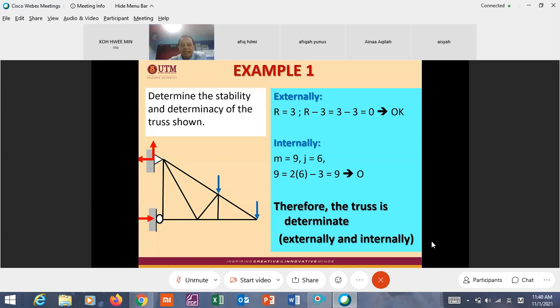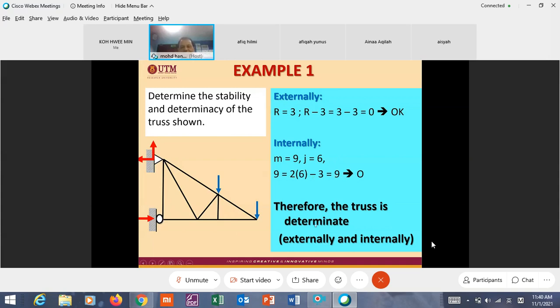And what's about the internally? How many members? Members equal to 9: 1, 2, 3, 4, 5, 6, 7, 8, 9. And joints 1, 2, 3, 4, 5, 6. So, using this formula, m equal to 2j minus 3 equal to 0.